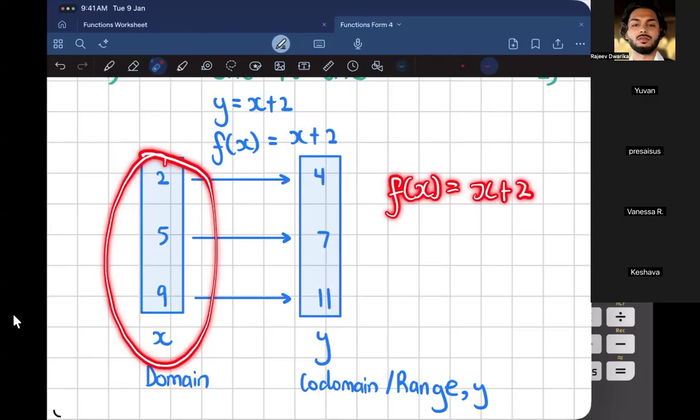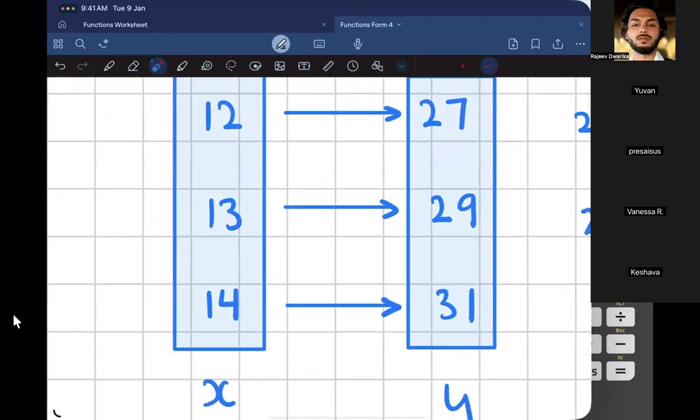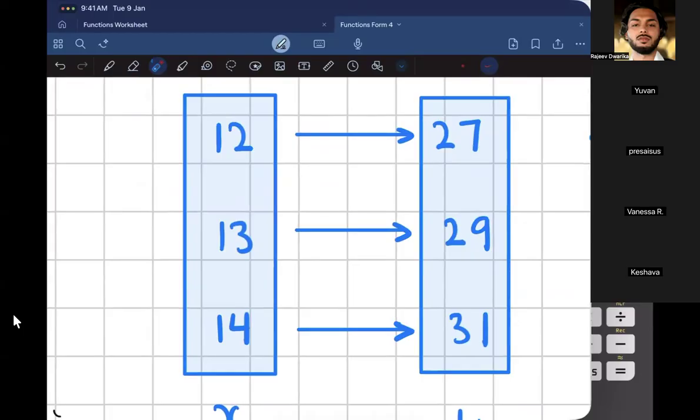Perseus, are you confused by that? Not anymore. Okay, that's good. So you think you could figure out this one then? What can you do with 12 to get 27? Think hard. Let me see if you can figure it out. Vanessa, were you able to get through with that question I just did? Yeah, I understand now.